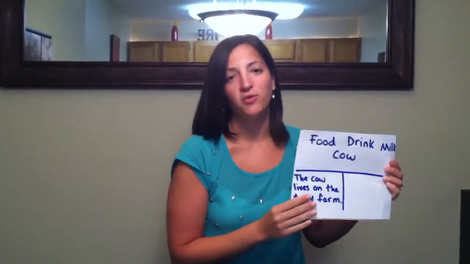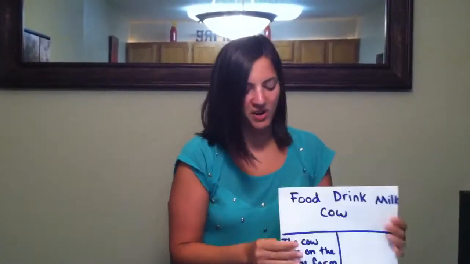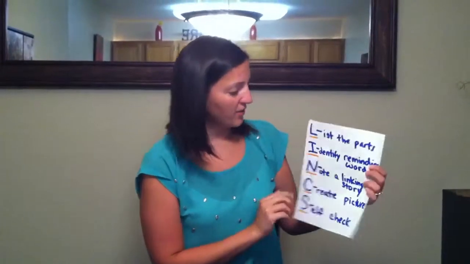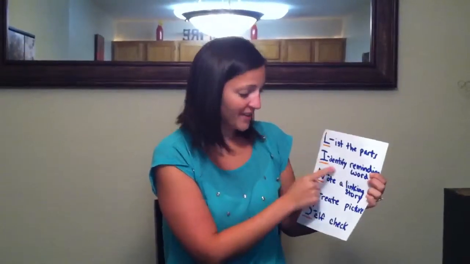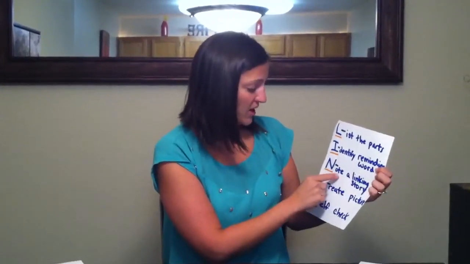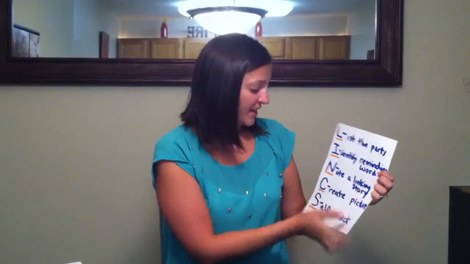We're going to make up our own story to help us remember the definition of dairy. And I wrote, the cow lives on the dairy farm. So that's the N part of the LINCS strategy.